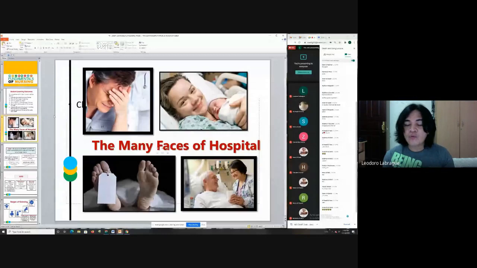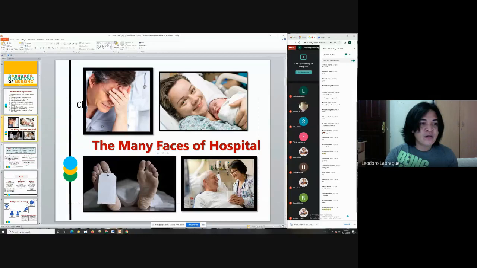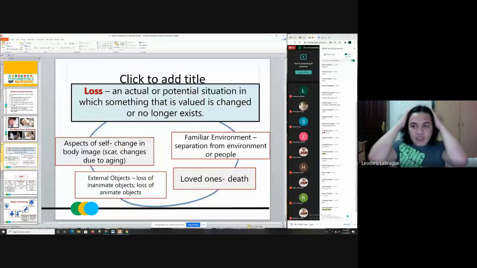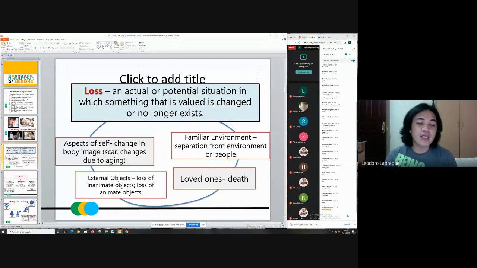And this afternoon, we're going to discuss what are the things that you need to learn if you have a patient who is facing death and dying. Okay. Now, before we discuss in detail what are the nursing interventions if you have a patient who is dying, let us first understand what are the concepts associated with it.